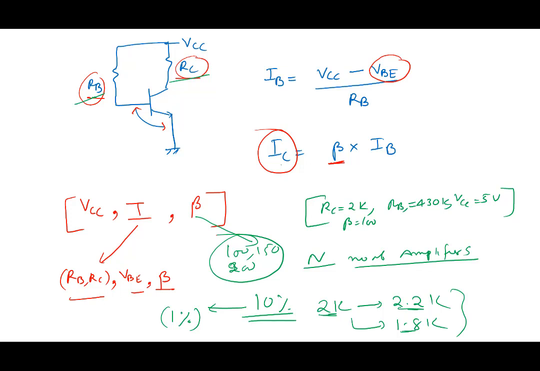One does not have very good control on beta. So what would happen? You have done a design assuming a gain of 100, and so you get 1 milliampere here. But in the same design, with supposedly the same transistor, its gain turns out to be 200.